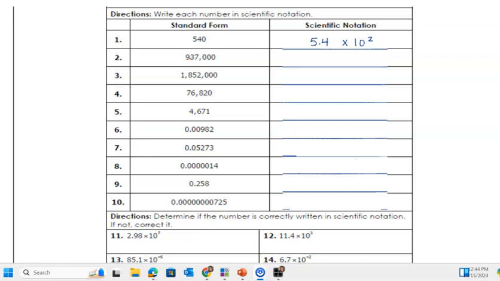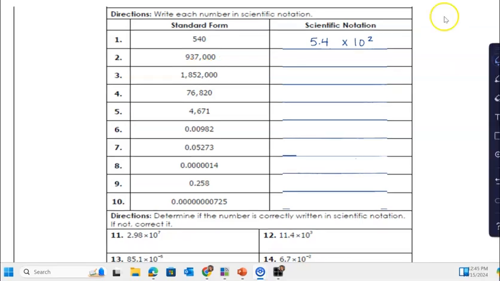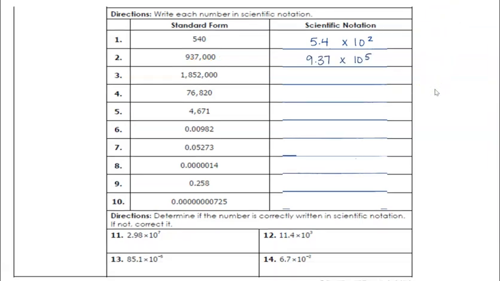Here we have our silent decimal, because if there isn't one, we make one. And it's going to go 1, 2, 3, 4, 5 times to get where we need it to be. So that 5 is what is going to be our exponent. So we are going to then have 9.37 times 10 to the 5th power.